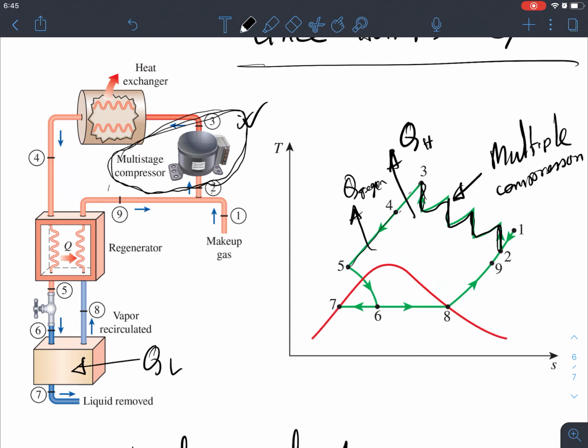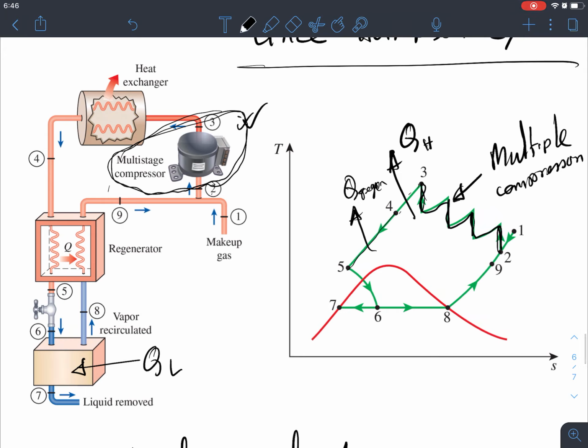So in this case we don't usually use refrigerant 138. We use something like ammonia or water as a refrigerant, right? However, an important thing about this cycle is that we are not circulating the same amount of refrigerant through this one.